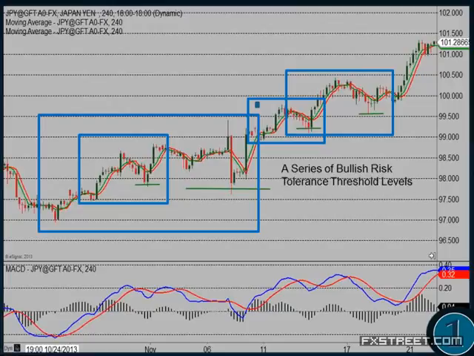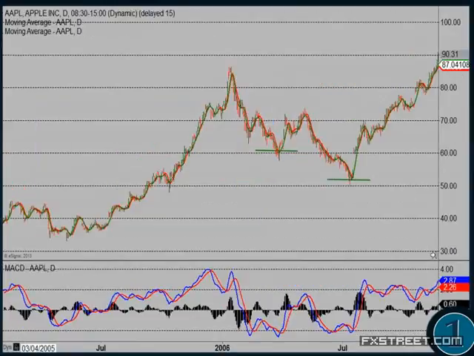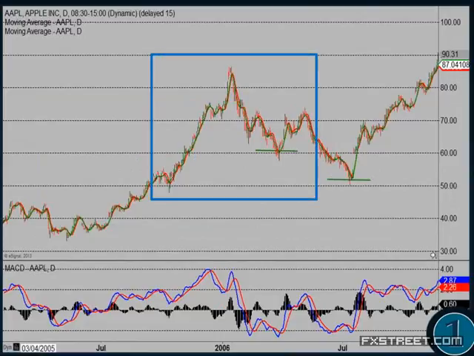So here we're just showing you a series of bullish risk tolerance threshold levels in dollar yen. Okay, so keep in mind, there's nothing new under the sun here. Here it is if we go back into the previous decade, here it is again in the stock Apple. Okay, see that pattern? From that low to that high, as long as you're above that level, that pattern is bullish.